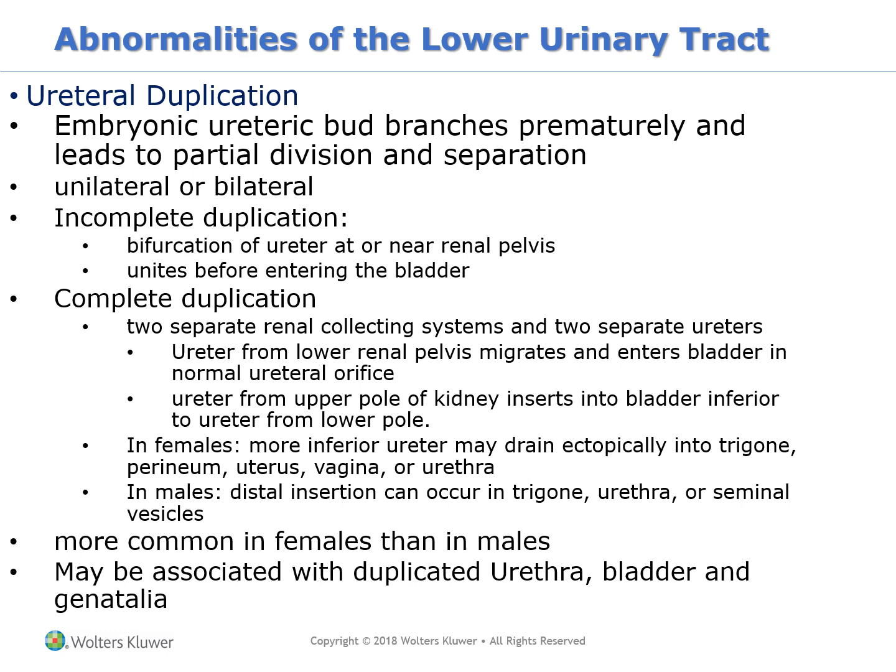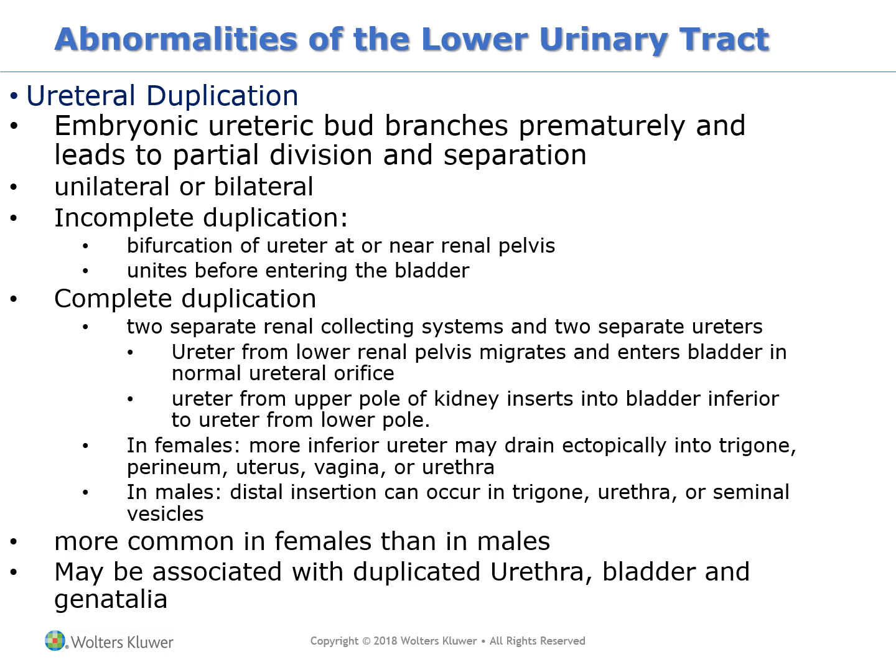This is caused by embryonic urethral branches that branch prematurely, and that leads to a partial division and separation. The timing during embryology of that branching occurrence is going to determine how much of the ureter is duplicated. This can occur unilaterally, so just on one side, or it can affect both sides of the urinary system.